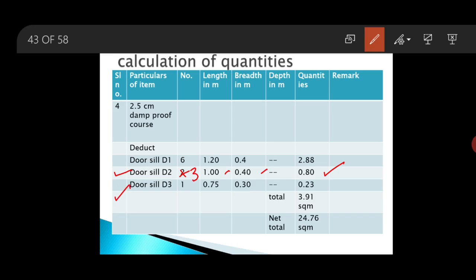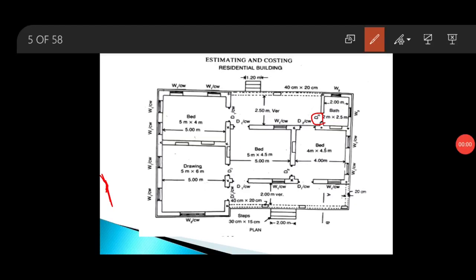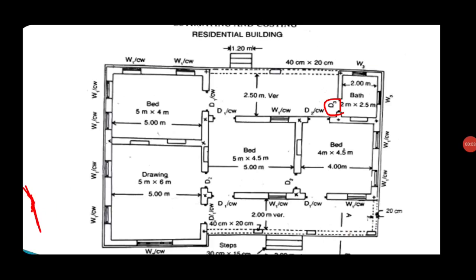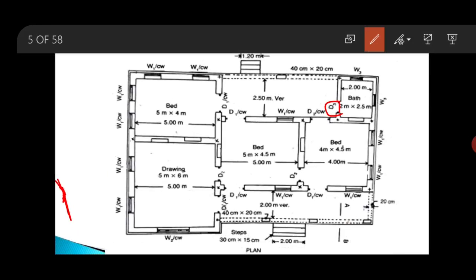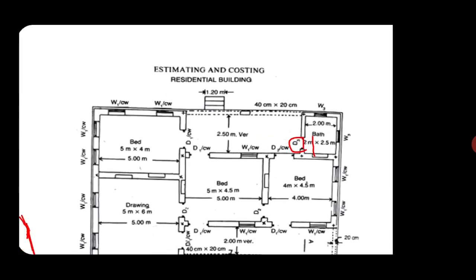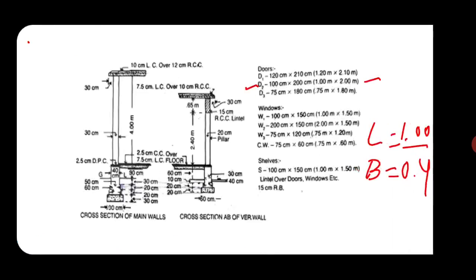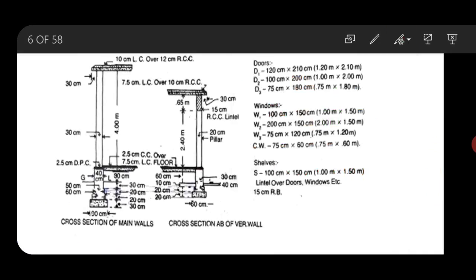Next we will move to D3 type of door. You can see here there is only 1 number of D3 type of door which is present in the 20 centimeter wall of bathroom. For the dimension of this D3, here it is written as 0.75 meter by 1.8 meter.